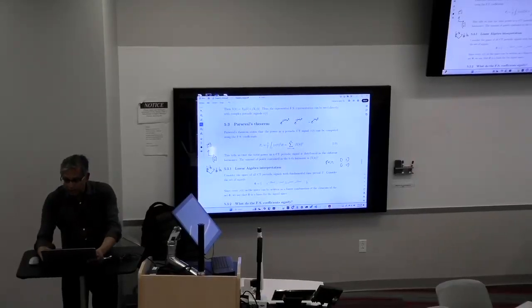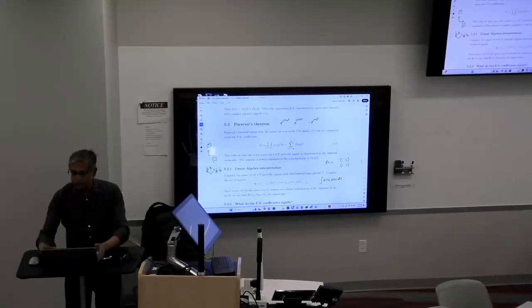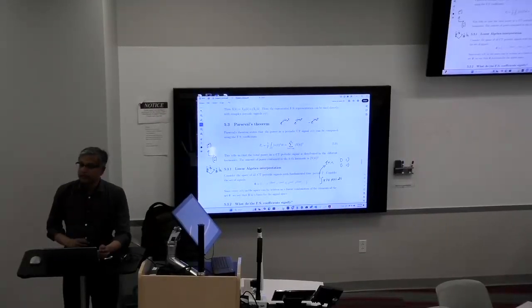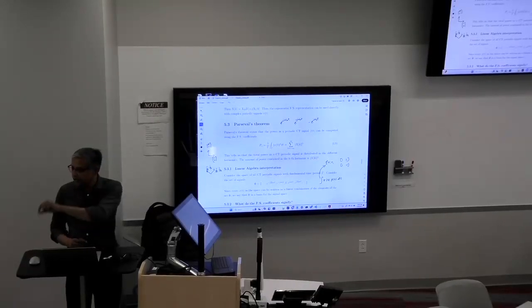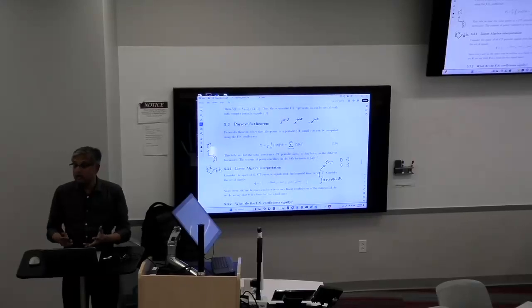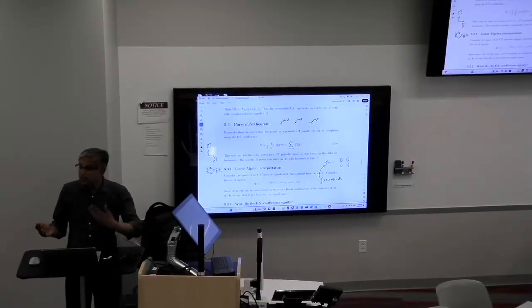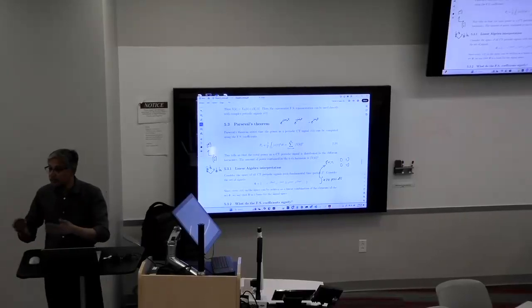If they are real, I define the dot product between two signals as the integral of x of t times y of t. See, it looks very much like the sum of x_i times y_i; instead of a sum I have an integral. We call this the inner product between x of t and y of t. If this inner product is 0, we say that these signals are orthogonal to each other.